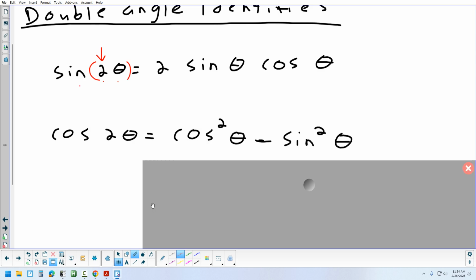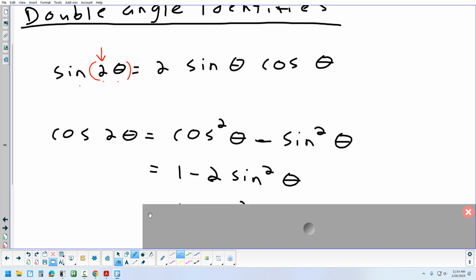When you write the double angle formula for cosine, there are a couple different ways you can write it. That's one way. Looks kind of like something we studied, sine squared plus cosine squared, but it's not. It's cosine squared minus sine squared. That's different. Could also write it that way.